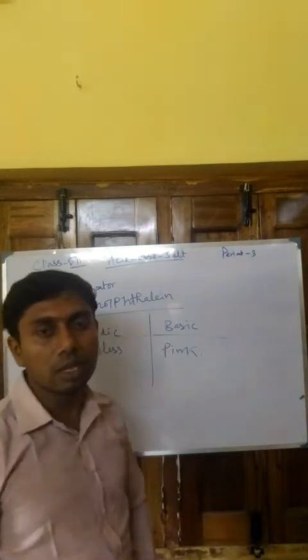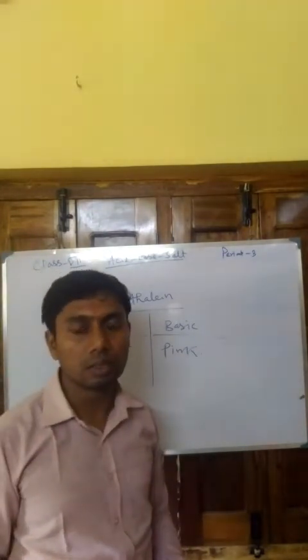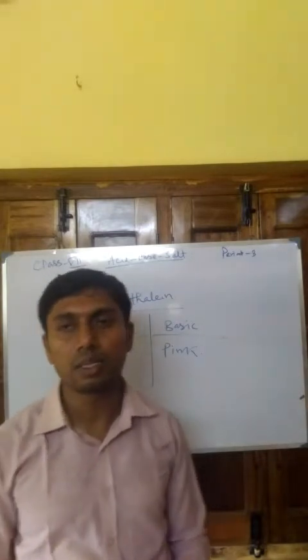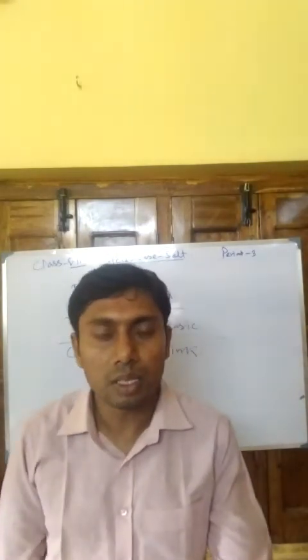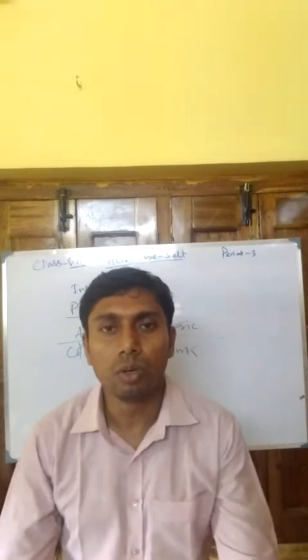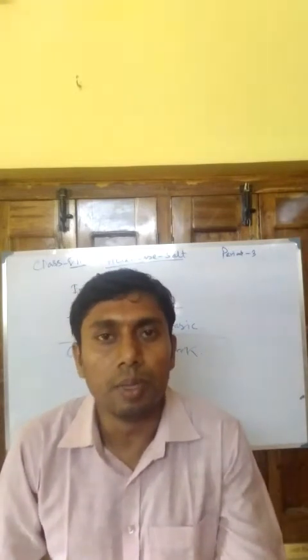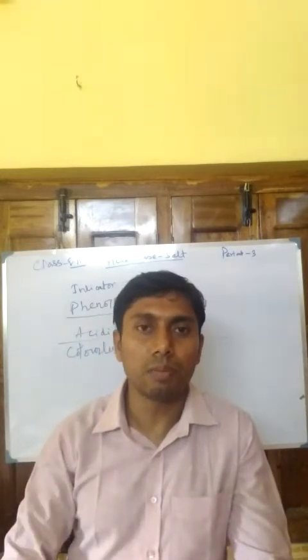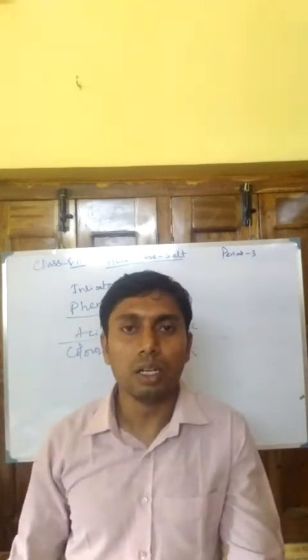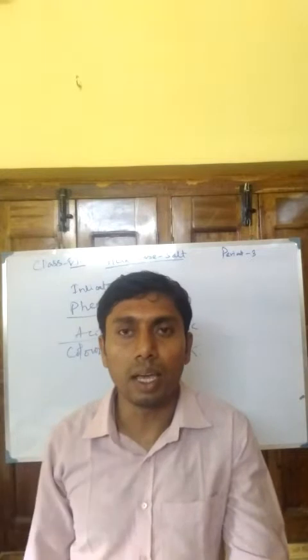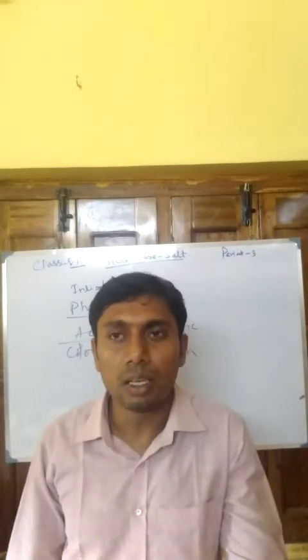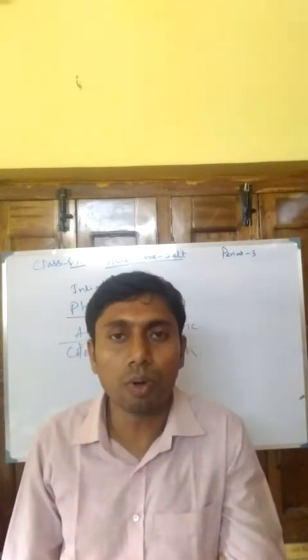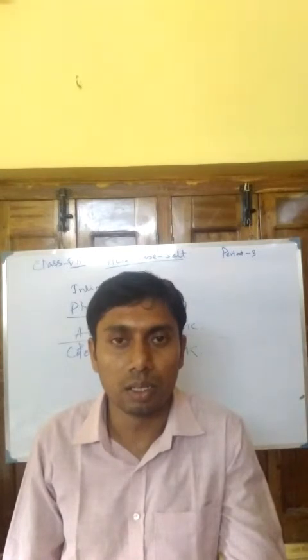Now the next topic, that is, what is neutralization? From the previous class we know that the neutral medium is the medium where both the acidic property and basic property neutralize each other, forming a special character, that is the common salt. The solution of common salt is neutral in nature.